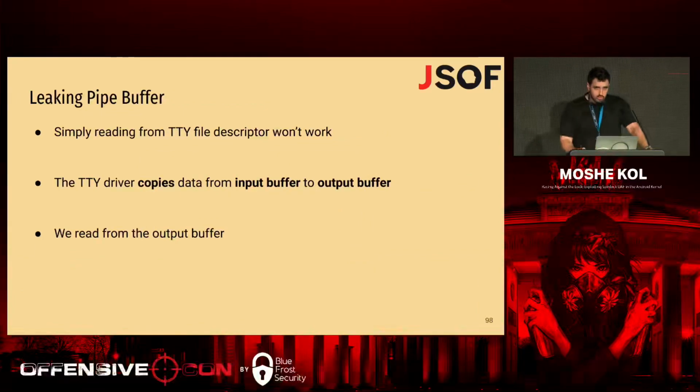So what we are going to do now is to leak a pipe buffer. Note that simply reading from the TTY file descriptor would not work, because the TTY driver copies bytes from the TTY write buffer to some output buffer, and we read from the output buffer.